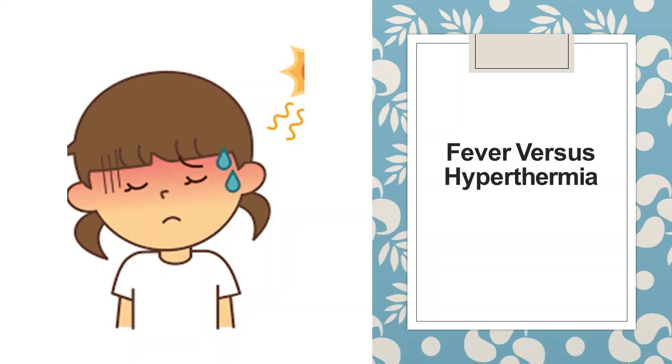There are diurnal variations in fever, whereas diurnal variations are absent in hyperthermia. Fever rarely exceeds 41 degrees centigrade. However, hyperthermia usually exceeds 41 degrees centigrade. Complications are rare in cases of fever, whereas hyperthermia can prove detrimental and fatal.